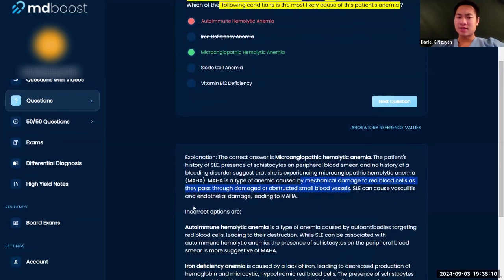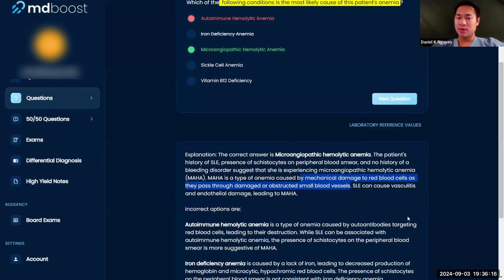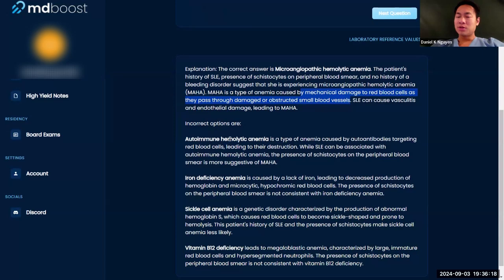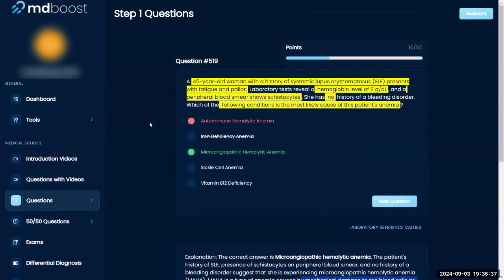For instance, vasculitis and endothelial damage from lupus can give you microangiopathic hemolytic anemia. But in autoimmune hemolytic anemia, you're creating IgG or IgM, which causes the spleen or macrophages to eat up your red blood cells. So you're not going to shear them; they just get completely destroyed, and you're not going to see schistocytes. Just a very, very small difference.